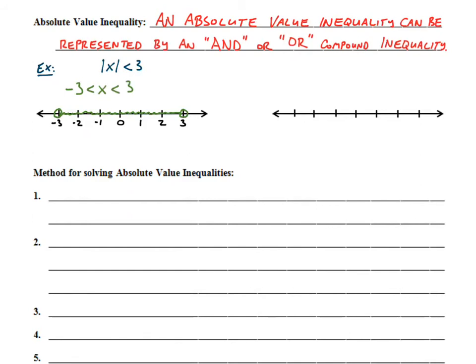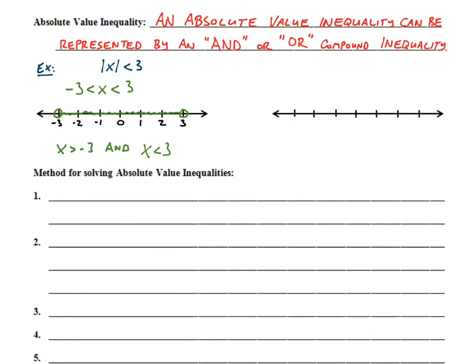Or I can say x falls between negative 3 and 3. Another way I could write this, obviously, as an and inequality would be that x is greater than negative 3 and x is less than 3. This is the exact same thing as what we have up here. It's just written in a different form.